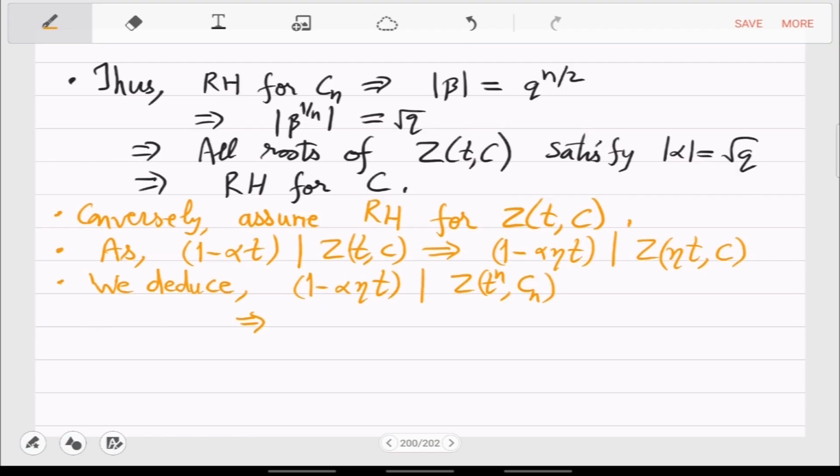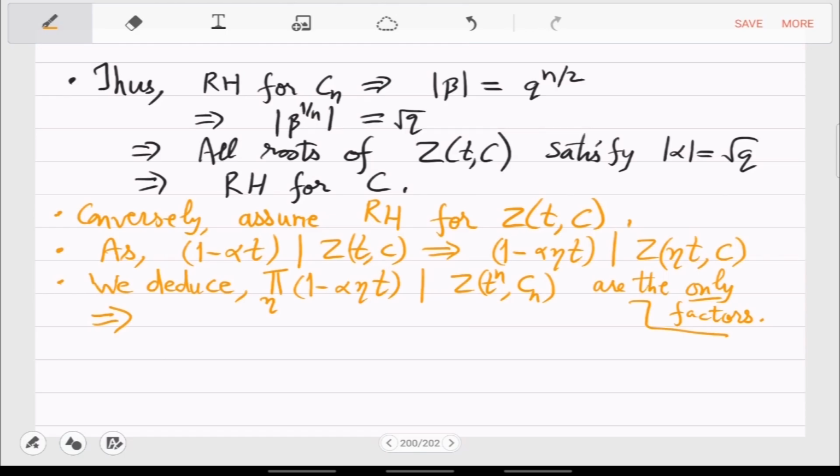Alpha raised to 1 by n has to be... These are the only factors. Yeah, so since these are the only factors, 1 by alpha eta t raised to n divides that, then we can break them down. No, but we only know... Yeah, okay, we can take product over eta. This we can do.